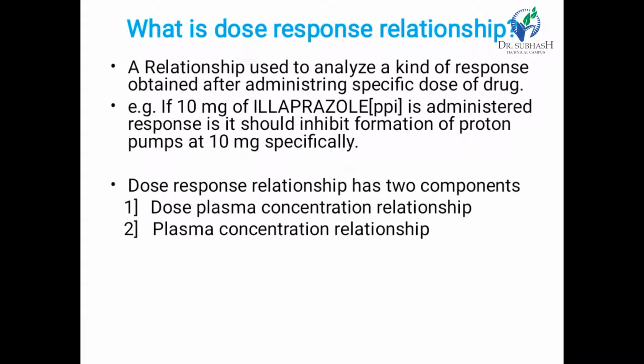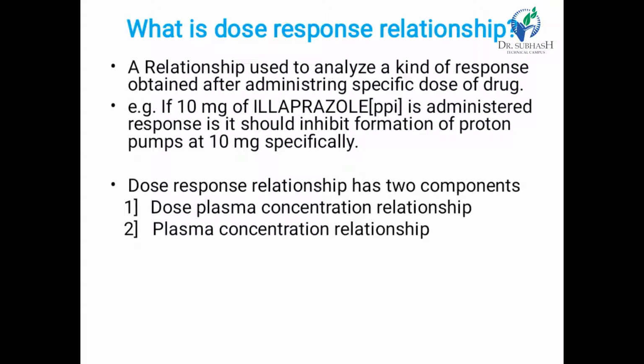Now, what is dose response relationship? It is a relationship used to analyze the kind of response obtained after administering a specific dose of drug, right? If you administer a specific dose of a drug, it should show you a response. This is the dose response relationship.